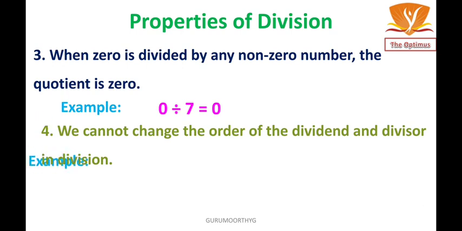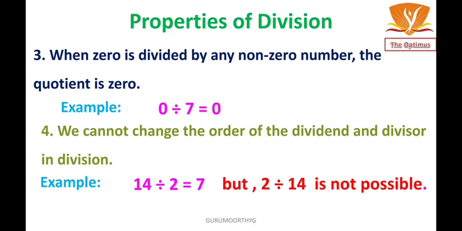That is property number 4. We cannot change the order of the dividend and the divisor in division. Example, 14 divided by 2 equals 7. But 2 divided by 14 is not possible. That means 2 divided by 14 is not equal to 7.